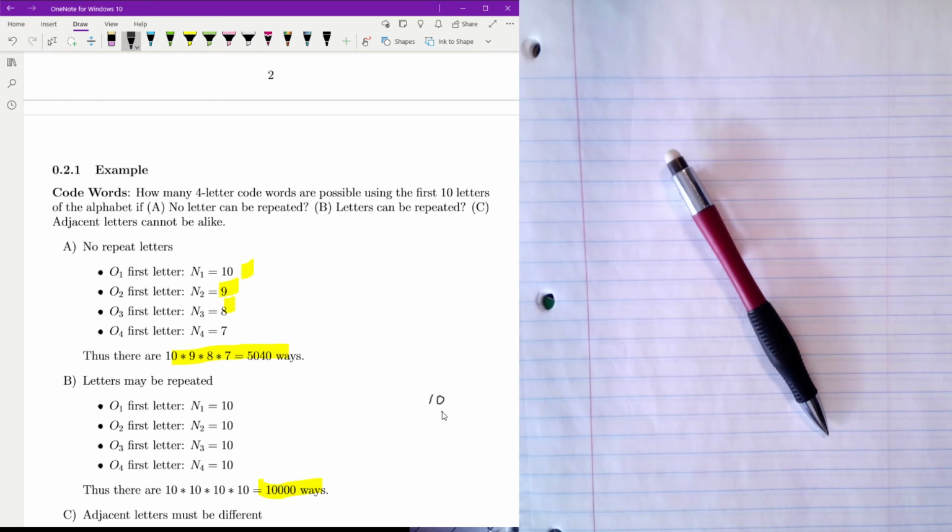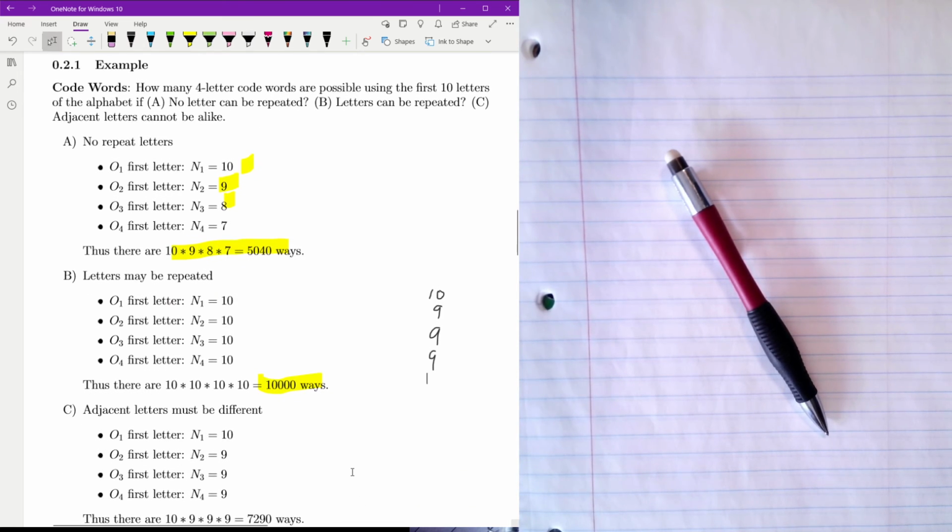So it's 9. Again, whatever letter you have in this spot, you can't pick it again. But the previous one you can. So it's still 9. And then the last one is also 9. So it's 10 times 9 times 9 times 9, which in this case is 7,290 different four-letter code words.